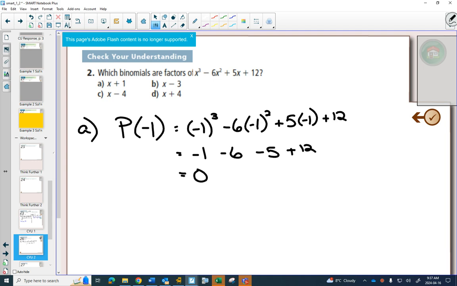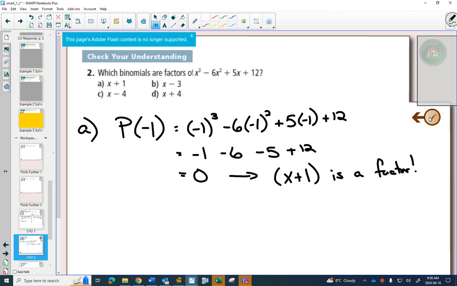So with a 1, it is not hard to find whether or not the remainder is 0. And because the remainder is 0, the factor theorem tells us that x plus 1 is a factor.